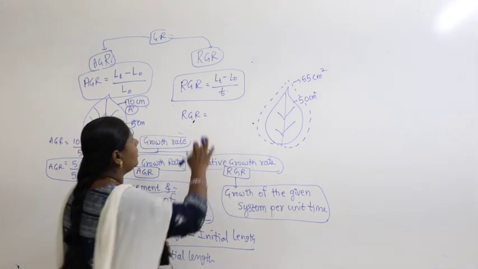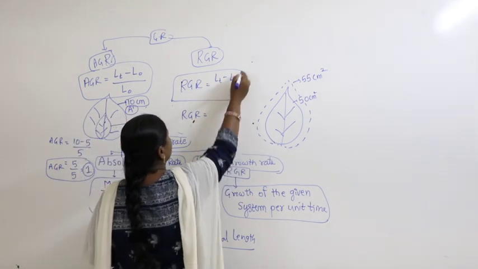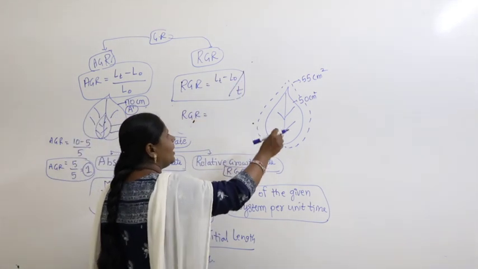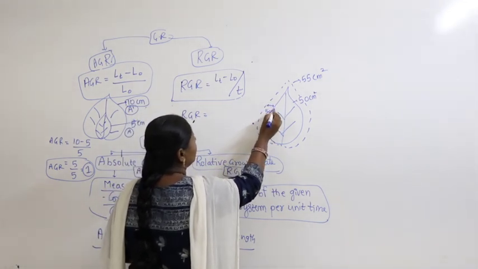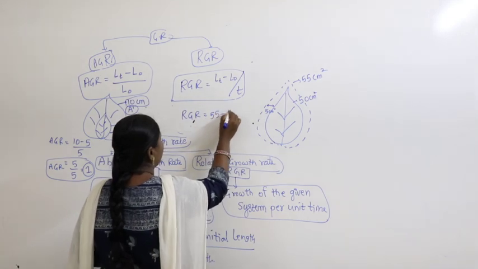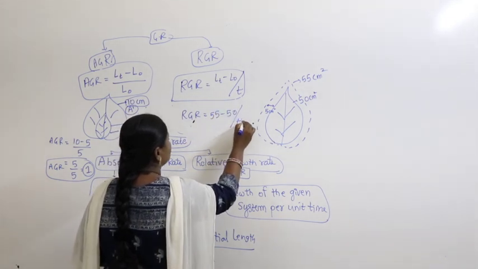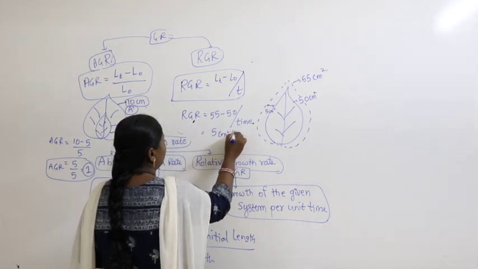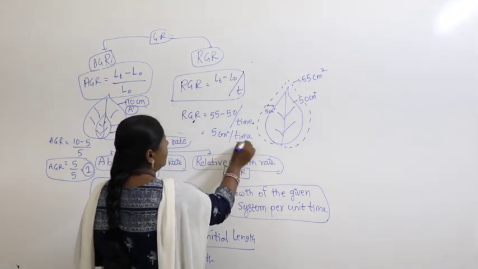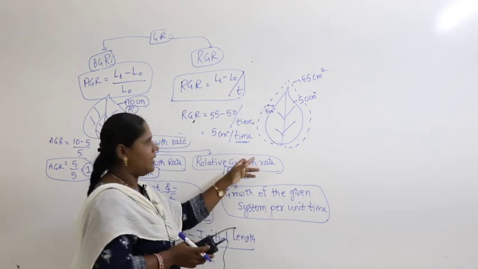So here you can write final length minus initial length by time t. That means how much got increased from here to here? 5 centimeter square, that is 55 minus 50, per unit time. So how much will it become? 5 centimeter square per unit time. The time may be 1 week, 7 days.